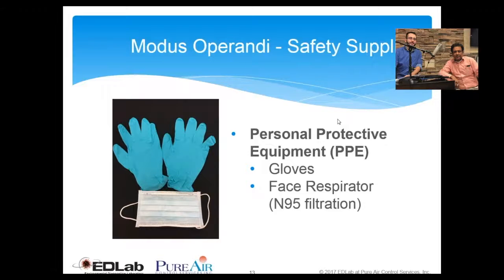Not to scare people, but as good practice, it is always encouraged to have PPE, which stands for personal protective equipment, that protects the collector from any sort of exposure if the organism is in the sample. This is very simple things such as gloves and a face respirator. One thing I want to mention is that the face respirator must be N95 filtration or better.